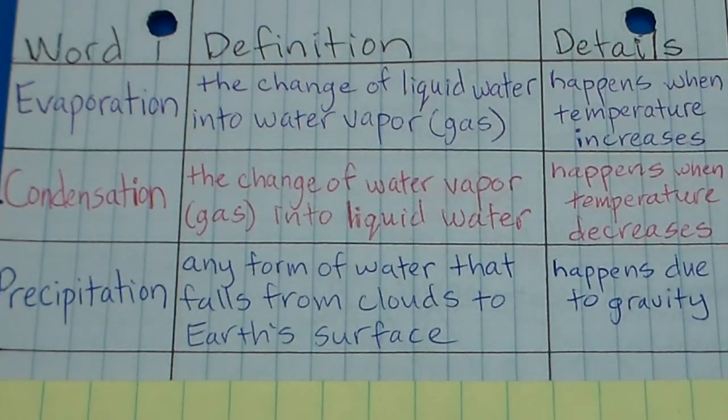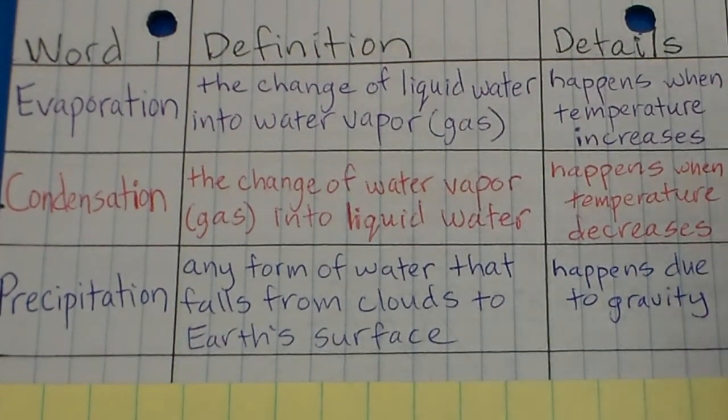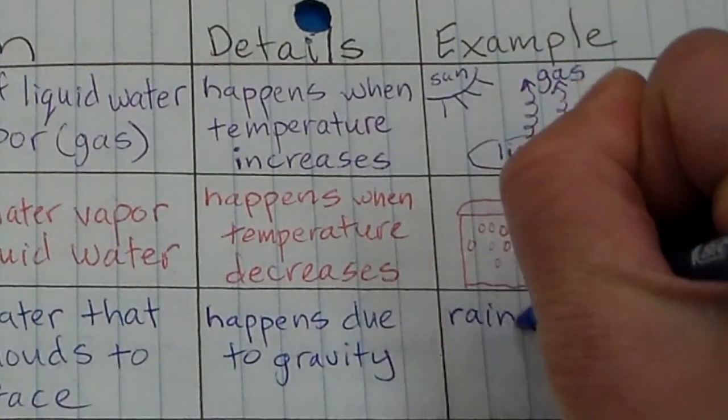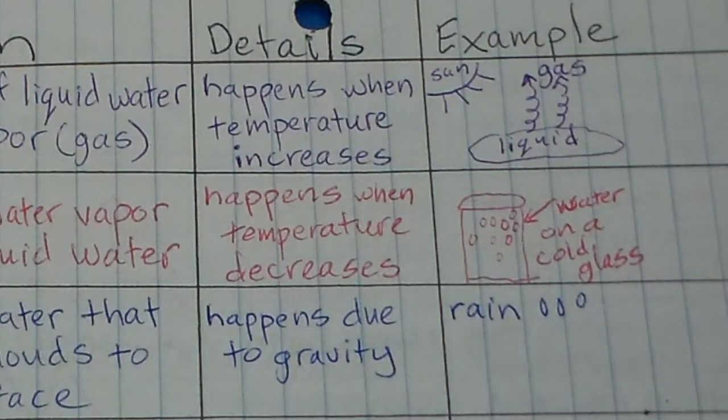Once water particles get big enough and heavy enough, gravity is going to pull them down and towards the ground. And there are 4 basic types of precipitation that we typically talk about. We have rain, right? So our little droplets that we're most familiar with, we have rain.